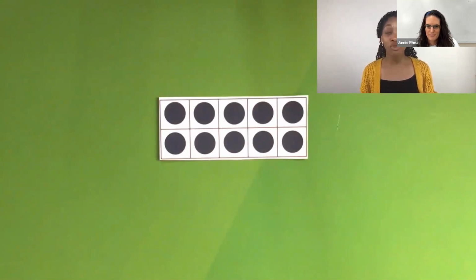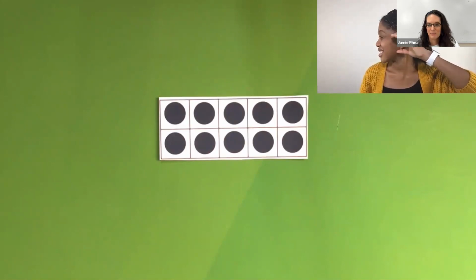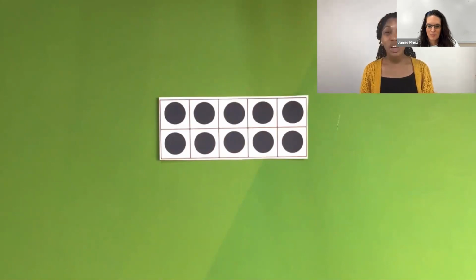Just like our Rekenrek bracelet, when we called it 1 ten, when we frame our 10 circles and our 5-group drawings, we can say that we have one frame of 10, or we can just say that we have 1 ten. What can we say we have? 1 ten. Yes, 1 ten. Let's see if we can make one unit of 10 using our fingers. Show me all 10 of your fingers.